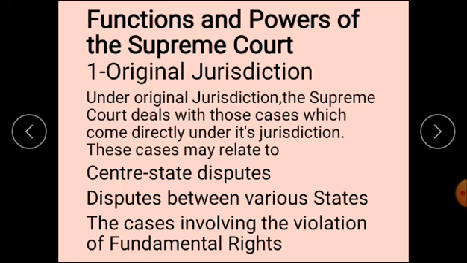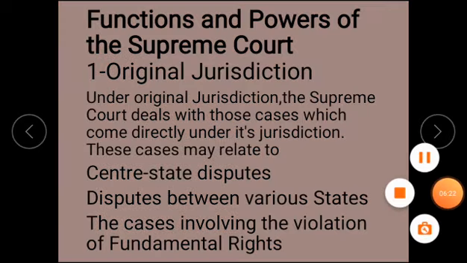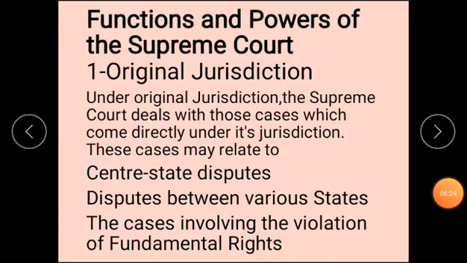Functions and powers of the Supreme Court. The functions can be elaborated under the following heads. Original jurisdiction.